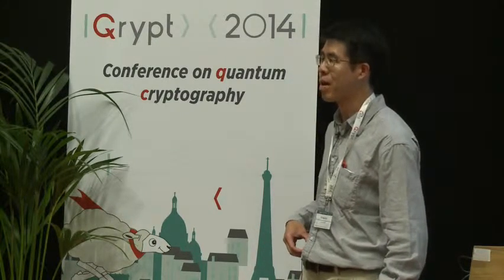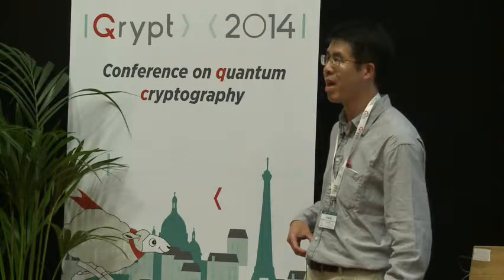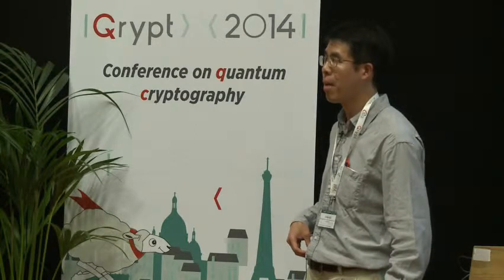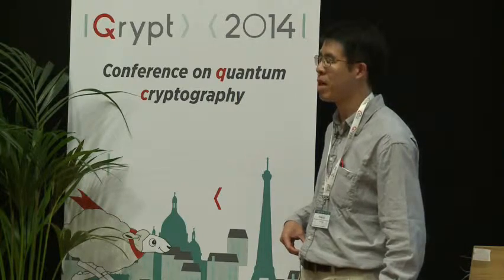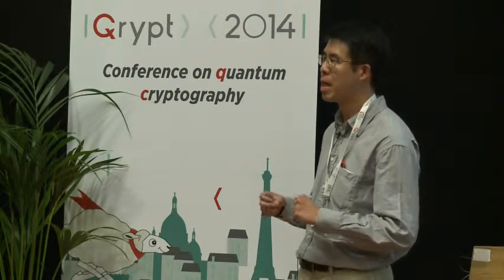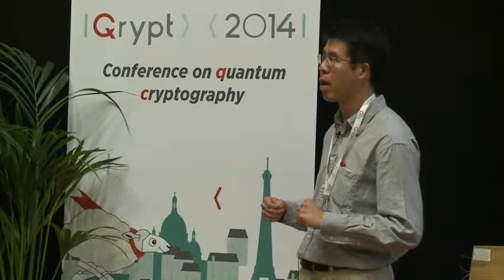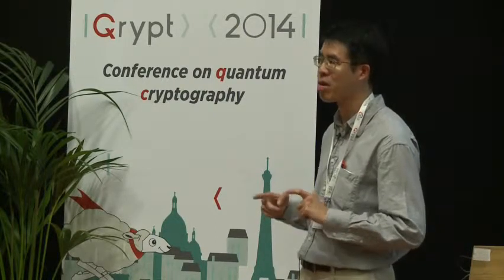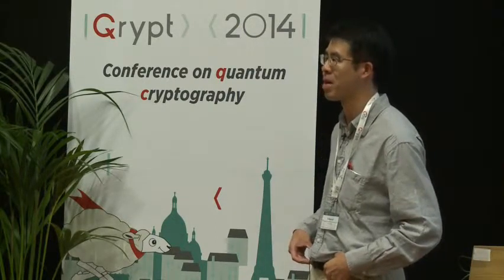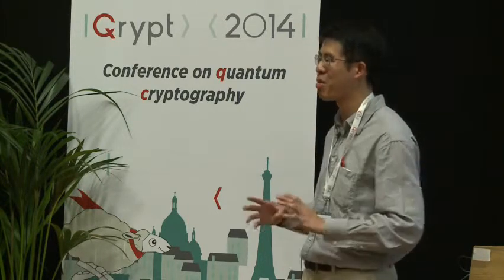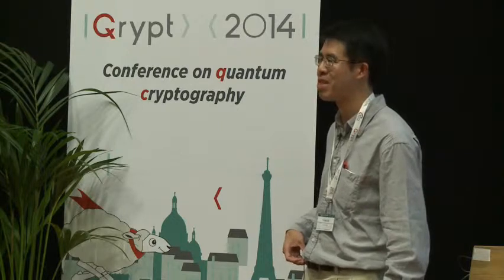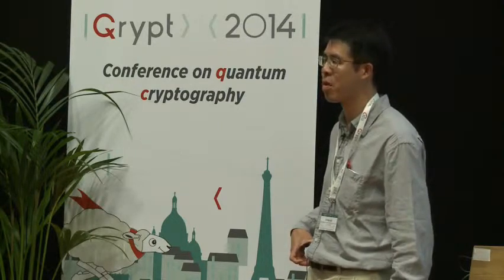I know Fang Song has thought about it, and I think we were running into some technical issues with it, but I'm not sure that we really got to the bottom of it.